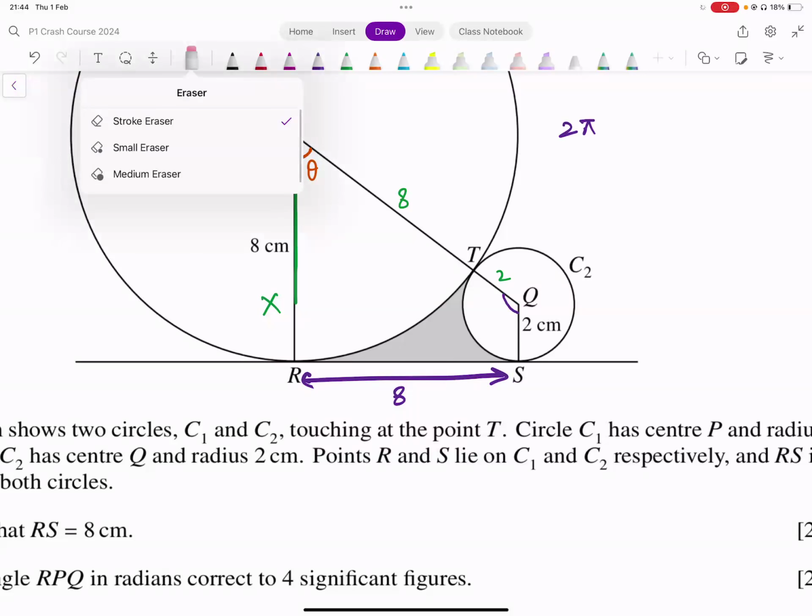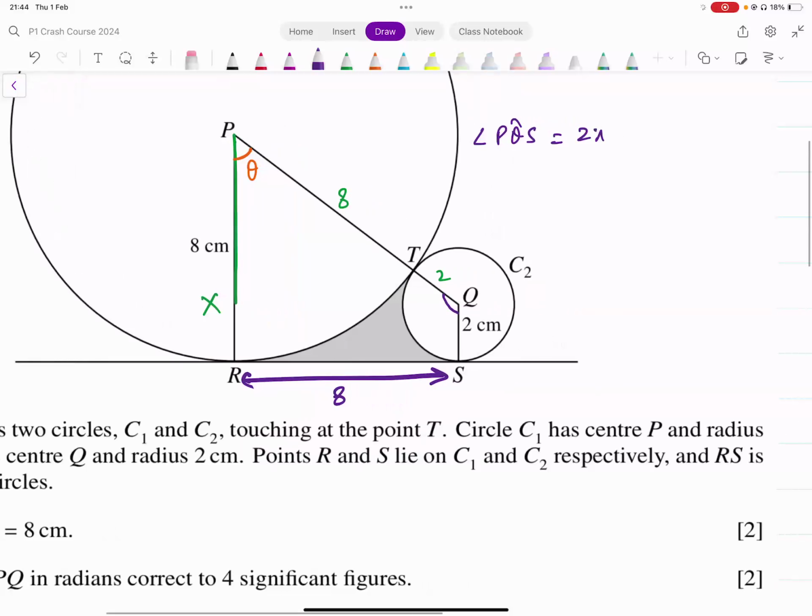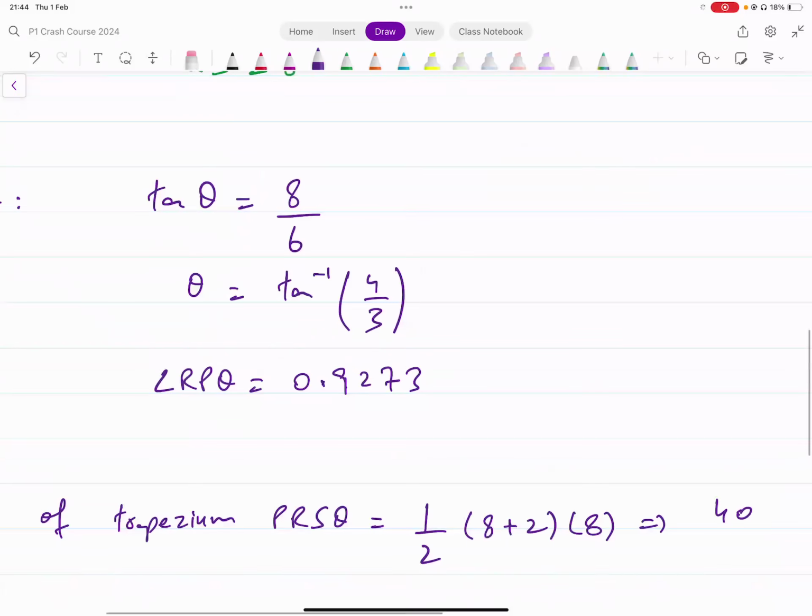So if we were to find this angle PQS, we could say the total angle in the trapezium is 2 pi. We subtract from 2 pi. This 90 degrees is pi over 2. This 90 degrees, again, in radians, that's pi over 2. And we also subtract theta, which we have found to be 0.9273.